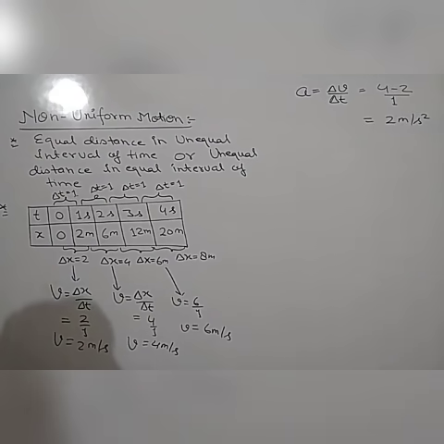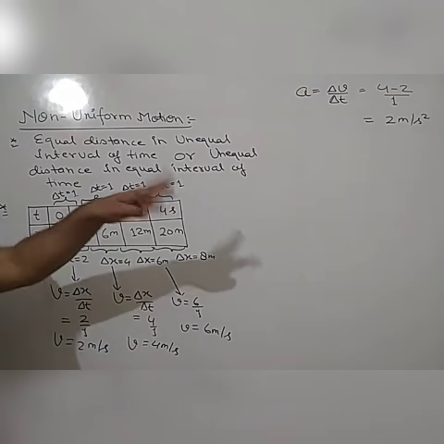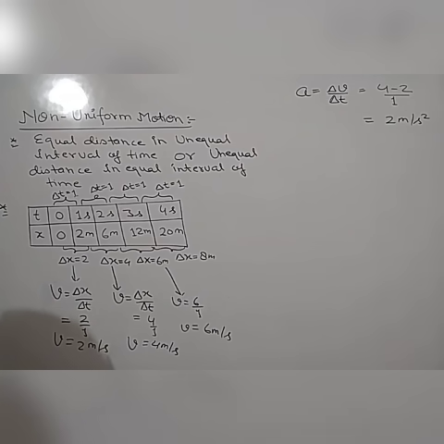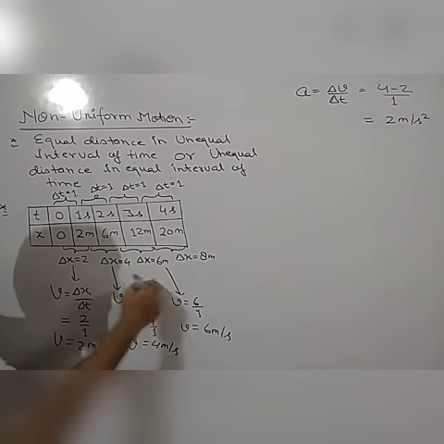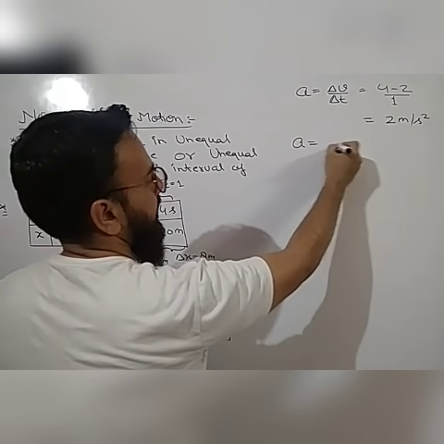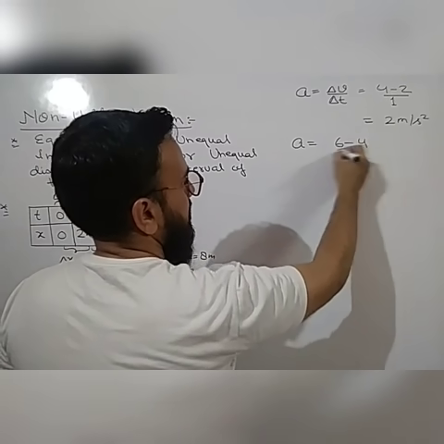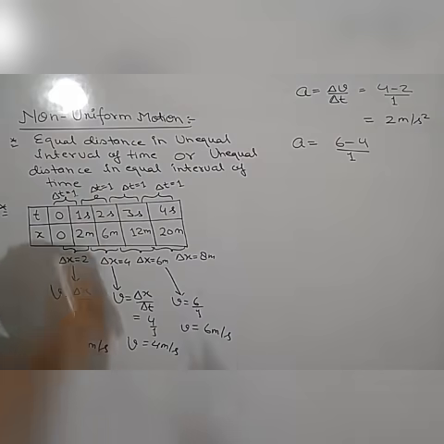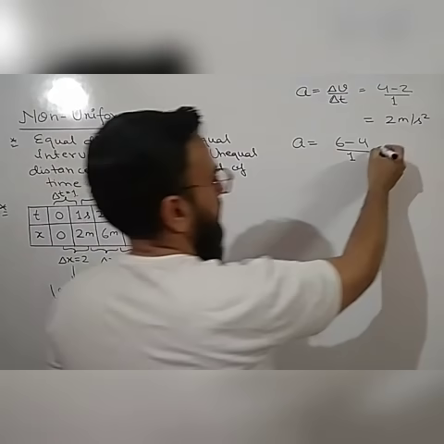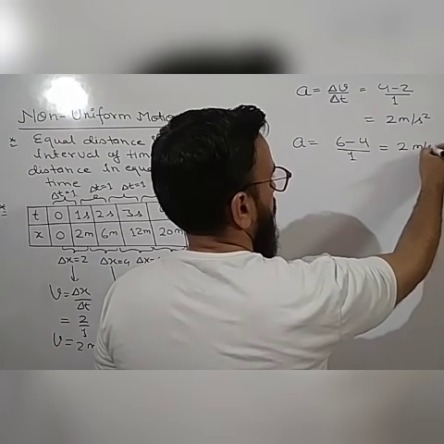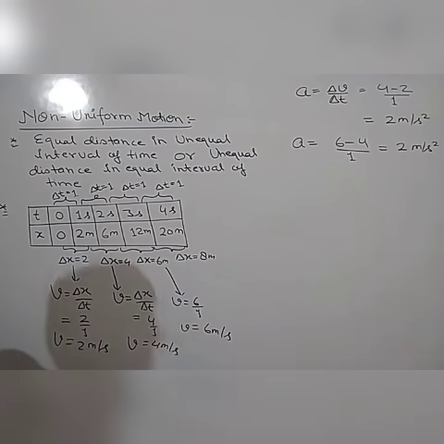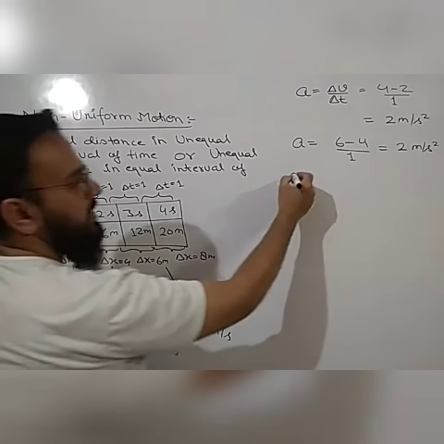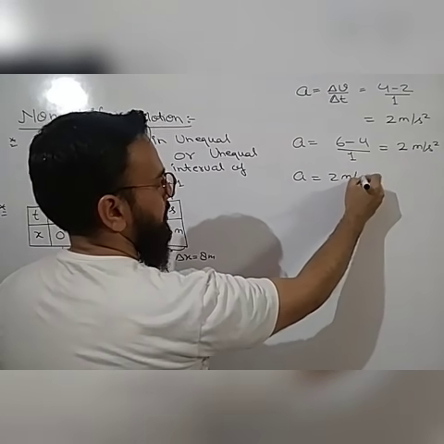It means acceleration is not 0, but it is 2 meter per second square, which is constant. Now for the next interval 4 to 6, again if we find, then it will be 6 minus 4 upon 1. The time interval from 4 to 6 is again 1. So again the value of acceleration will be 2 meter per second square. For the next interval also, acceleration will be 2 meter per second square.